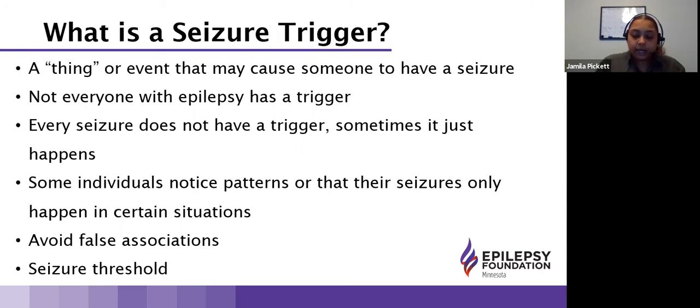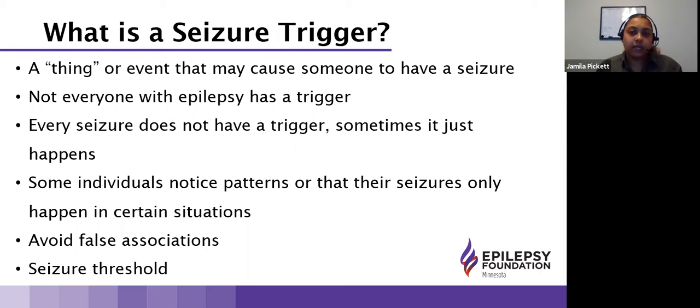The reason, though, that I do like to talk about this part is because we want to be careful we're not making false associations. There's a video clip that I used to play that the man basically said every time he would see his mother-in-law, he would have a seizure. And so his mother-in-law must have been his seizure trigger. But in reality, he might have just been stressed out when he saw his mother-in-law. And stress is a trigger for some people.